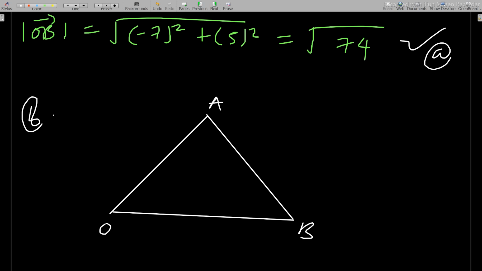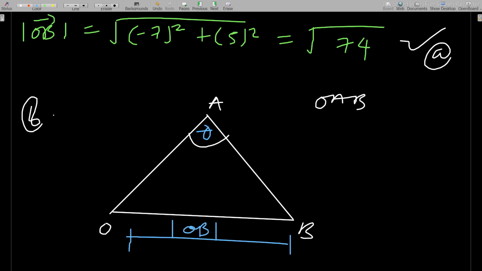So from what we know, we are finding the angle OAB, meaning this angle, okay. So we check the one in the middle, and then we want to name it, let's say theta, okay. Now with this, the only way we can find this is using what we call the cosine formula, okay. So you can name this side here, the distance here, let's call it OB. Distance OB, automatically that is how it is called. We are not the ones calling it that, okay.